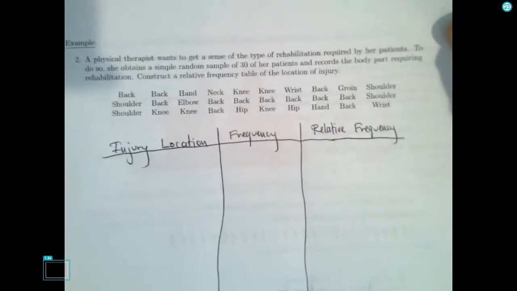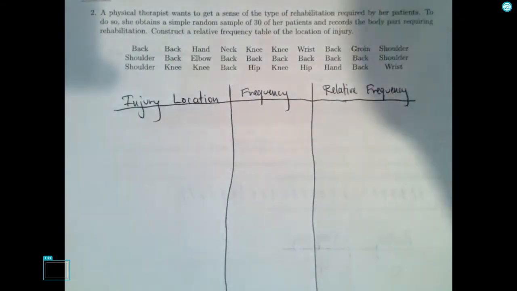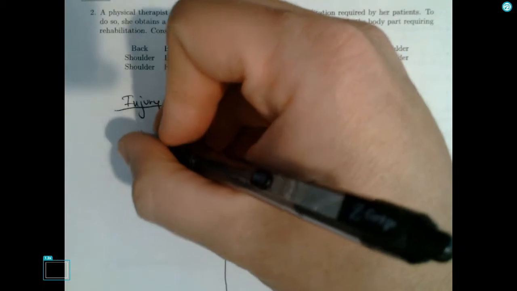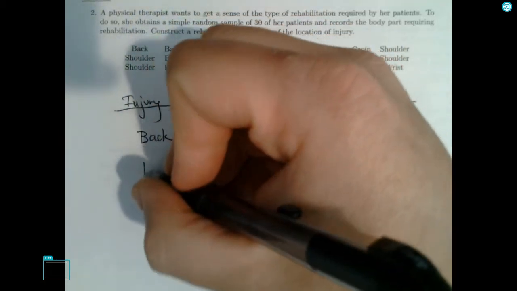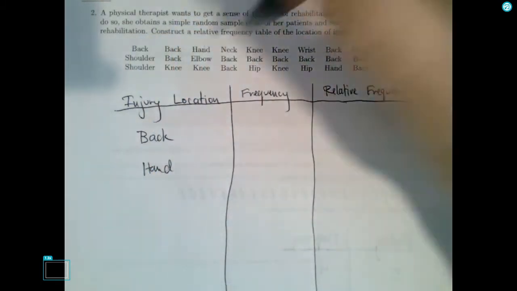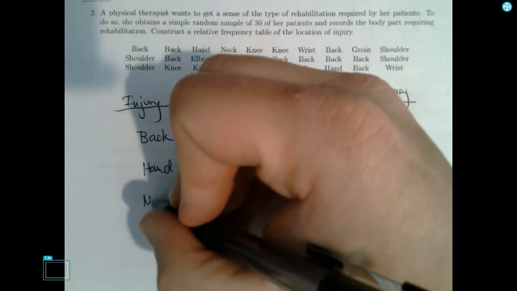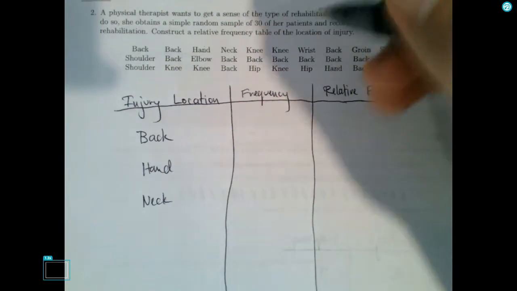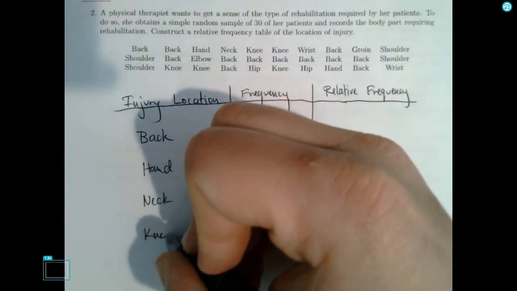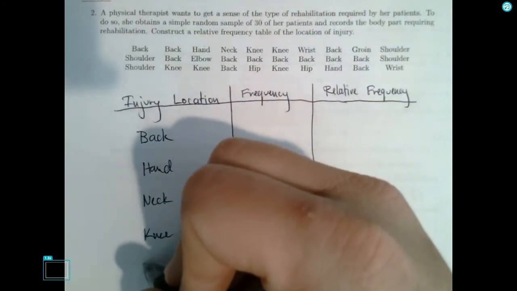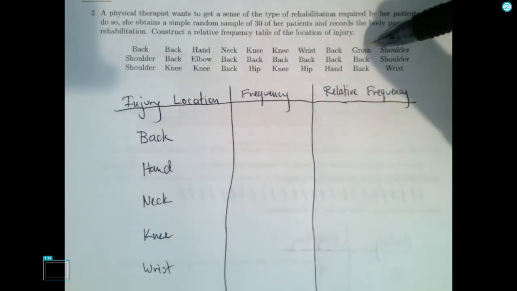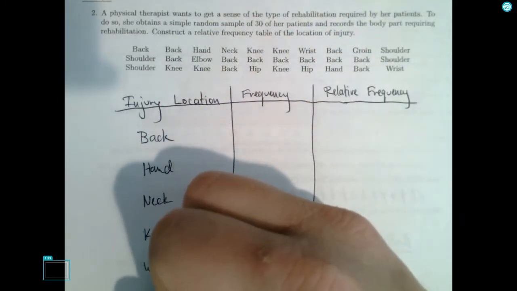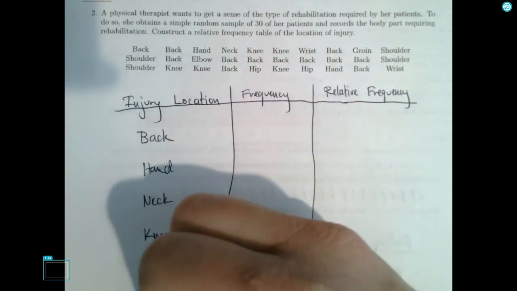Okay, so injury locations. What locations did we have? Well, some people had back injuries, so back should be on the list. Some people had a hand injury, neck, knee, wrist, back we already had on there, groin, shoulder.